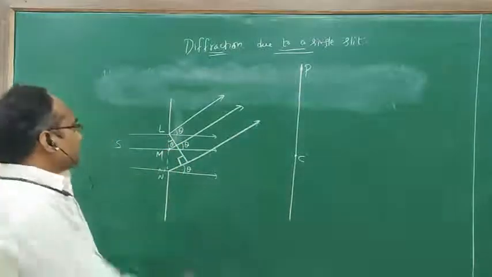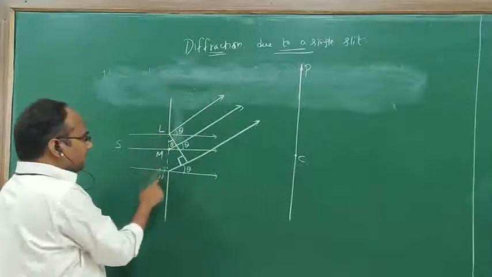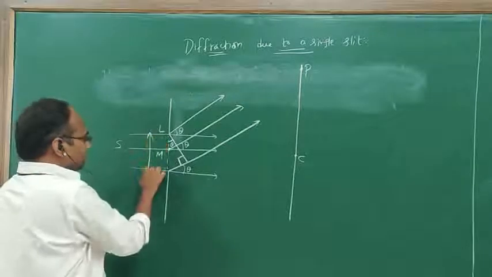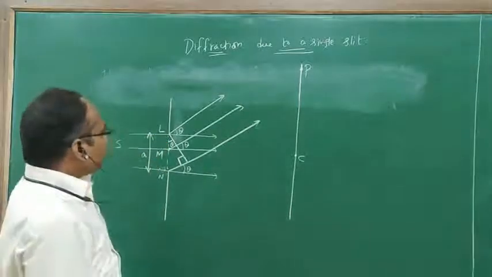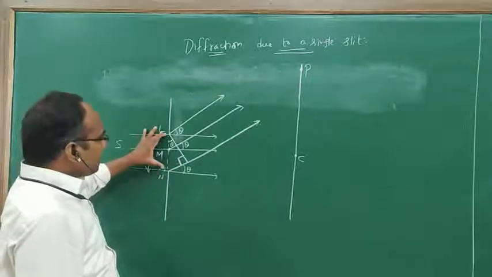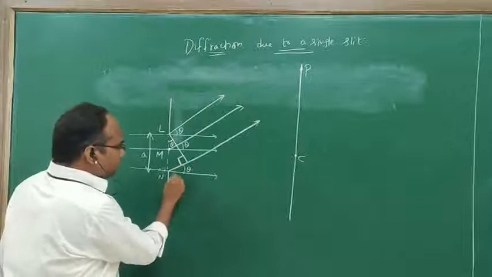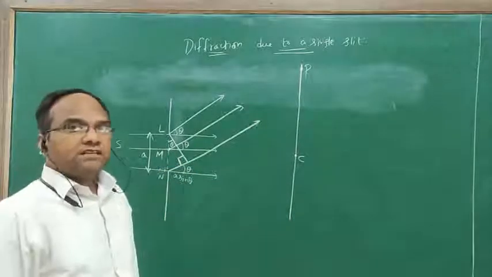The distance between L and N is nothing but A. So here this length is A, so this opposite side is nothing but A sin theta. A sin theta.